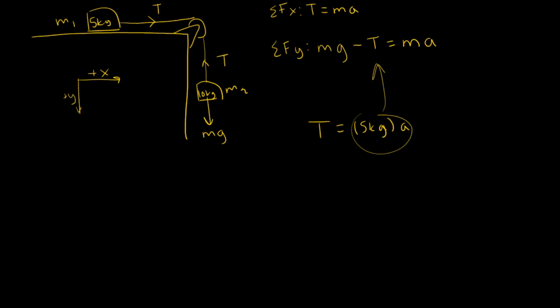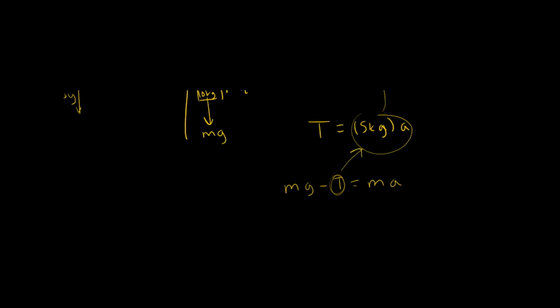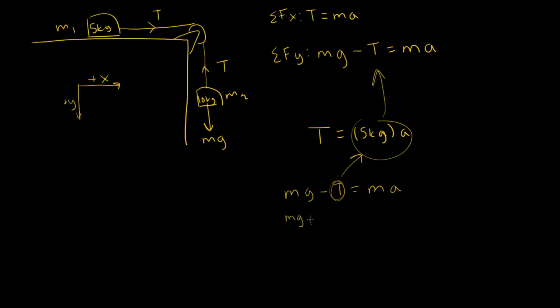So we can rewrite our sum of forces in the y equation, which is mg minus T equals ma. For this T right here, we're going to write this equation: mg minus 5 kilograms times a equals ma.